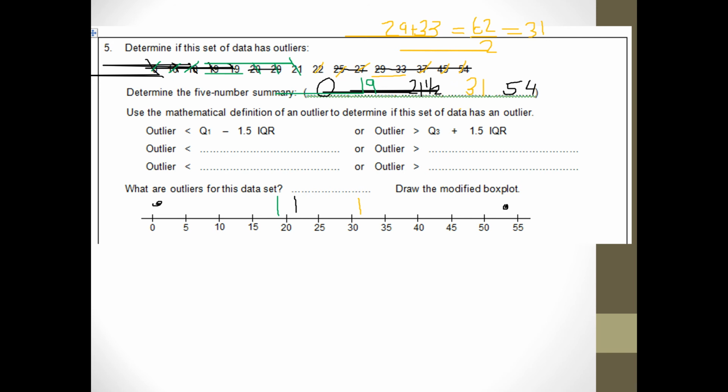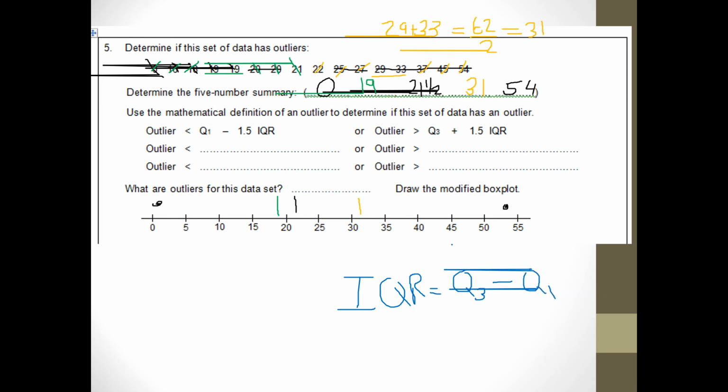All right, so let's see. What do I have next? Okay, so now I'm going to determine if I have an outlier. So the first thing I have to do to determine if I have an outlier is find my IQR. The IQR is my Q3 minus my Q1.